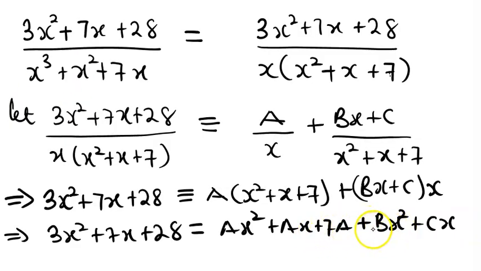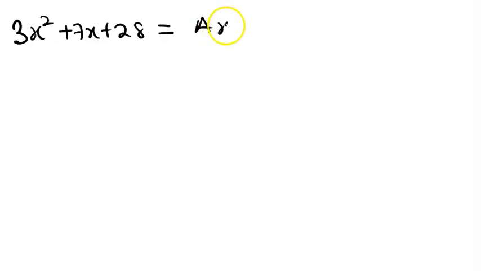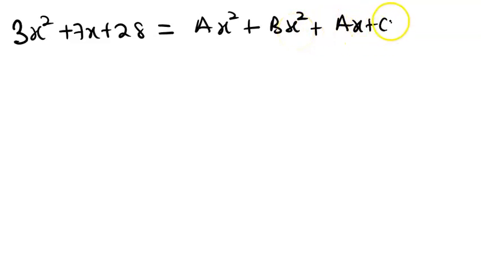So we need to group the like terms. We put all the x² terms together, all the x terms together, so that we have 3x² + 7x + 28 equal to Ax² + Bx², that is (A + B)x², and then the x terms, Ax + Cx, plus the constant term, which is 7A.